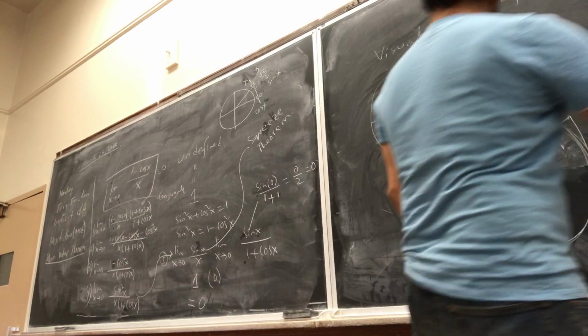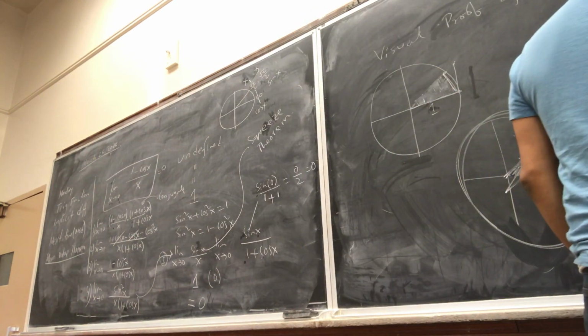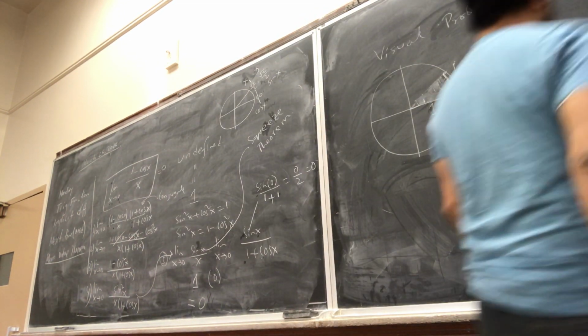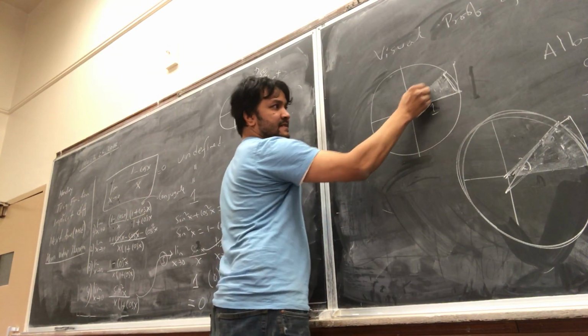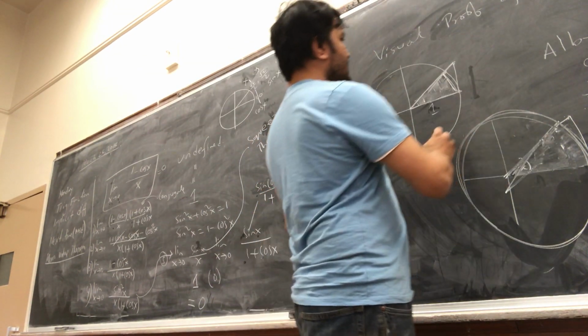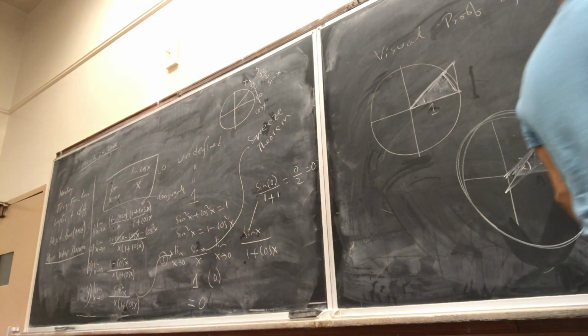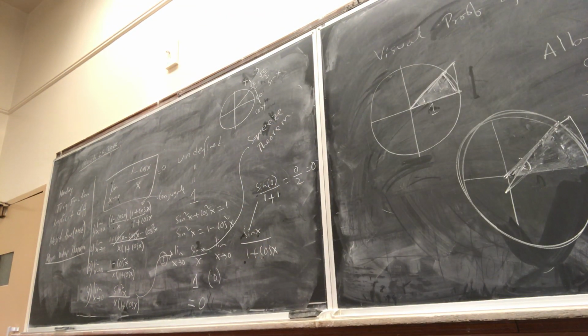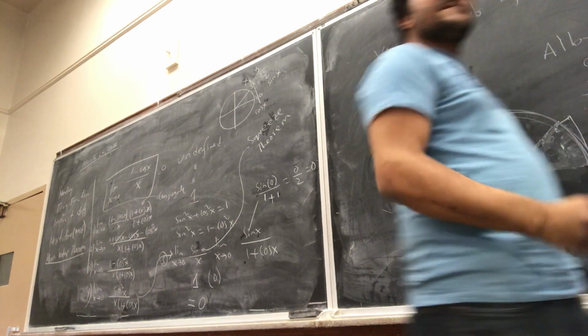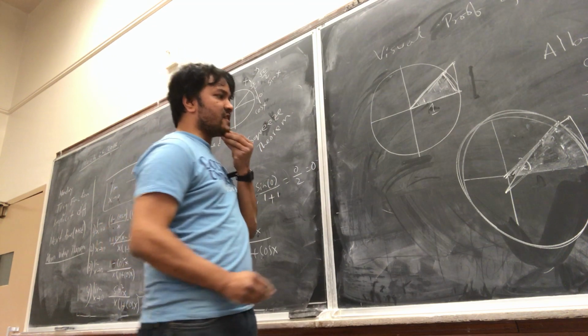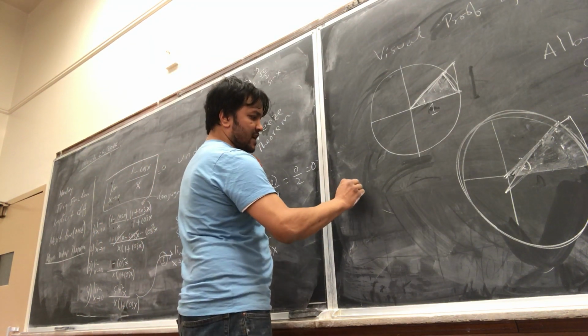Okay. The last one is half bh. What is the b? What is the radius here? 1. The radius is 1. And the h is tangent theta. It's not obvious probably. Let's make it obvious. Tangent theta is what?